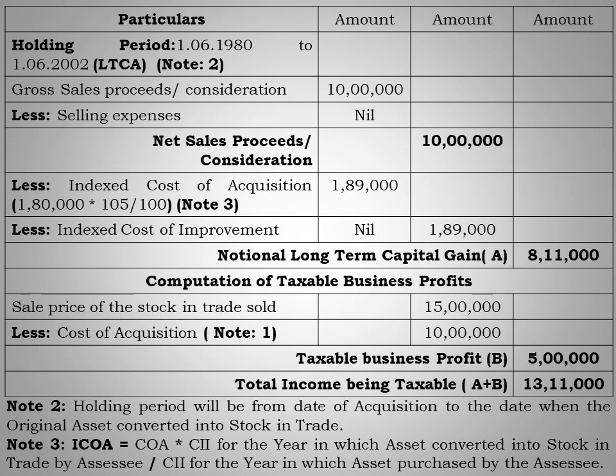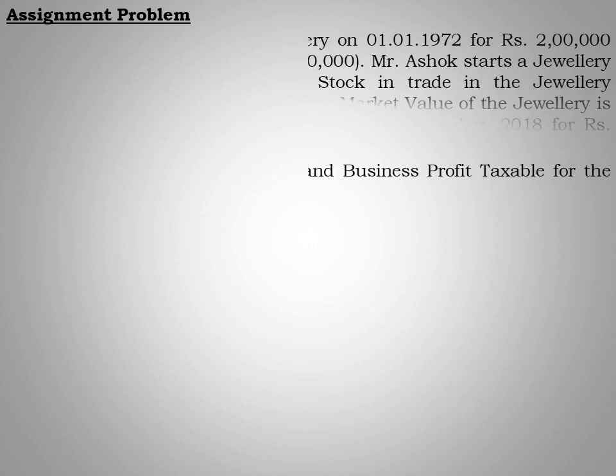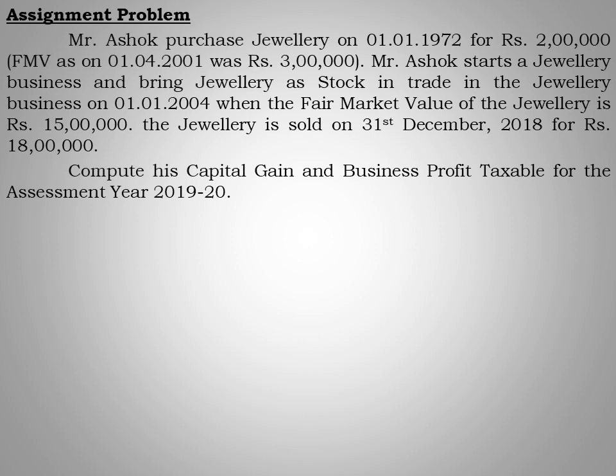If you have any doubts regarding this, you can text me or comment in the comment section. So for you guys, the assignment problem, this is my first assignment for you. This is based on special case number 1, so keeping that reference in mind, you have to do this problem.